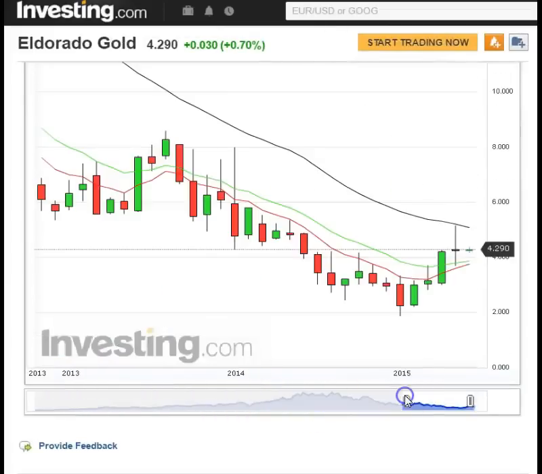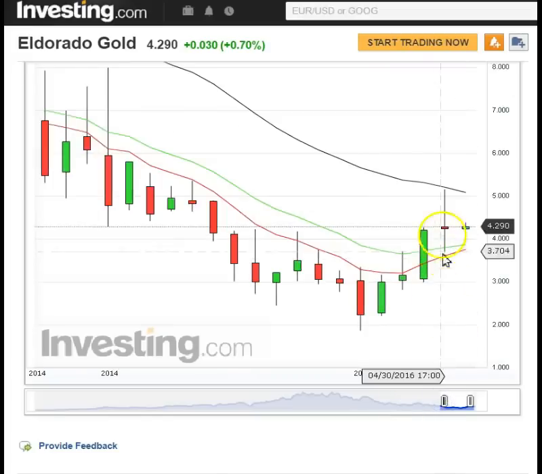For the month on Eldorado, you got a bullish 2-bar pattern. You got a bullish hammer coming across, moving up, hit the trend, came all the way back and bounced on a monthly. Now we're opening. I want to be able to close the week above that body, and it's almost there.